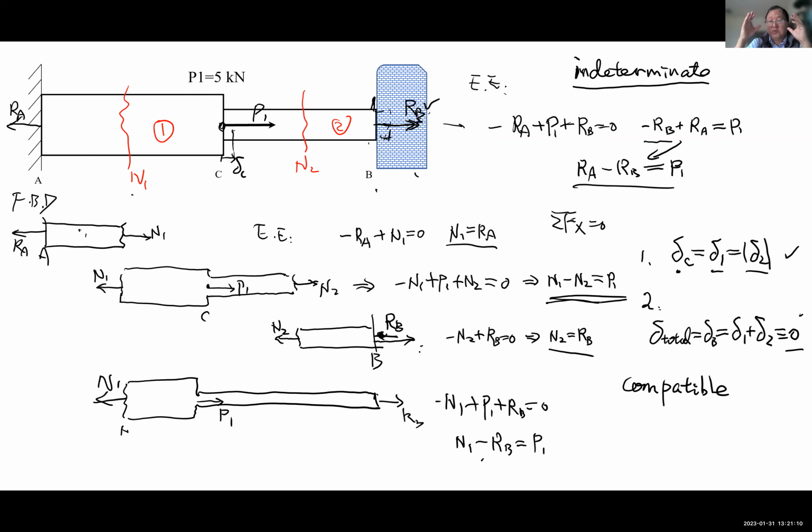Okay, so the so-called compatibility equation. That's what we do for the indeterminate system. That's something new for the indeterminate system. Previously we didn't need this, but now for indeterminate systems, we have to use compatibility equations. Okay, so now let's look at how we can solve this problem.